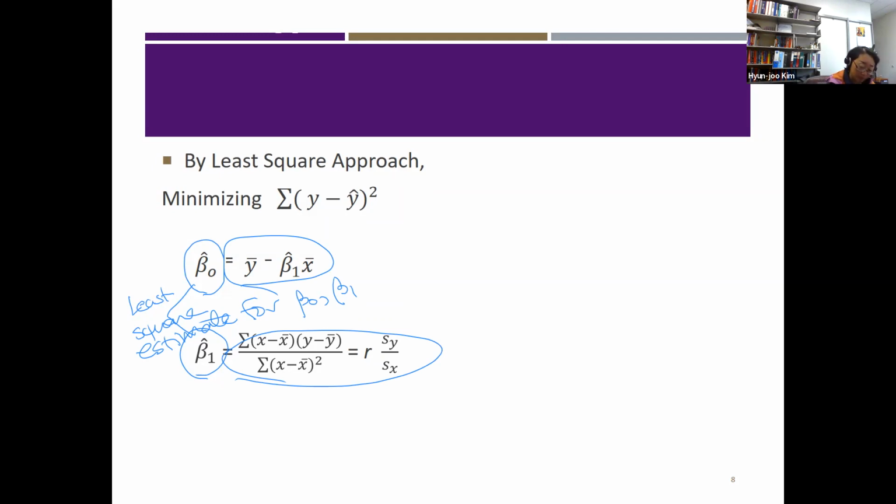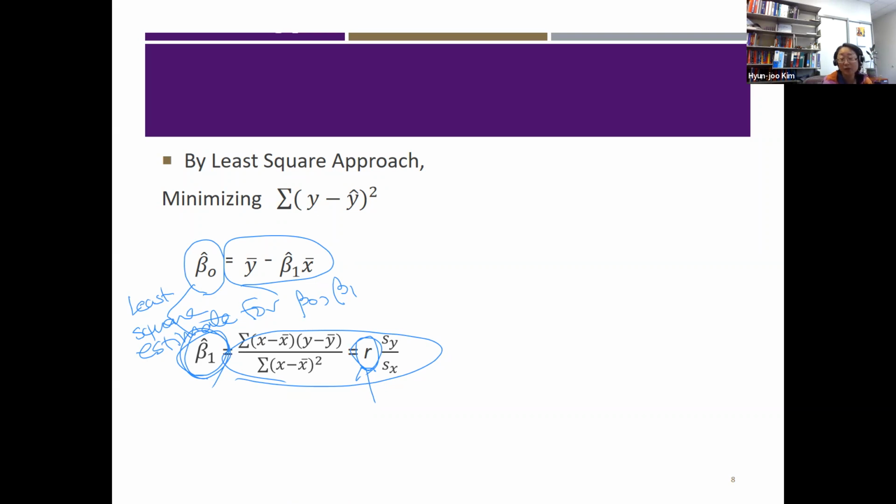Just notice that this is the correlation coefficient that we talked about in 4.1. Later we're going to revisit the relationship between the correlation coefficient and other things. Before we forget, you can see that this R has a direct relationship with your slope, beta 1 hat. Just remember that.